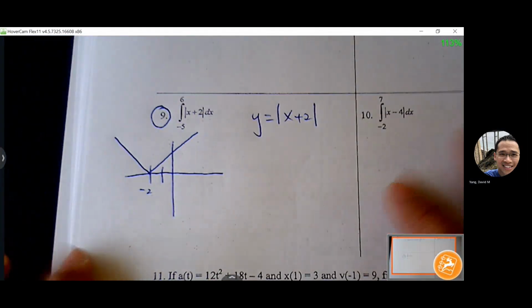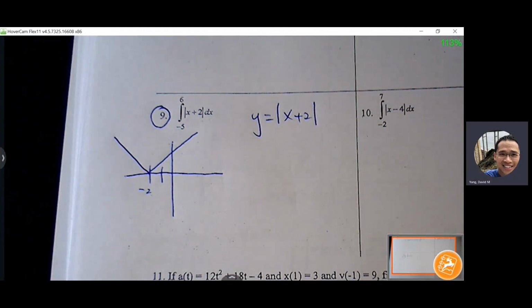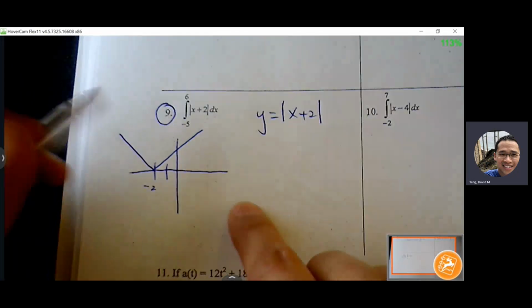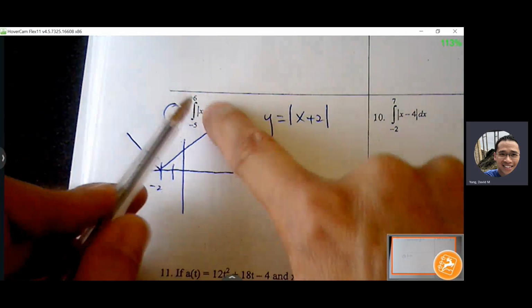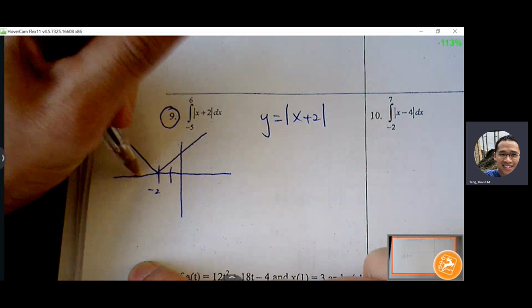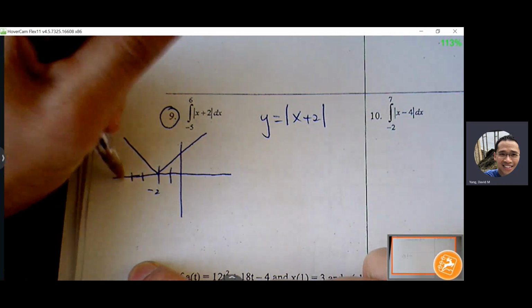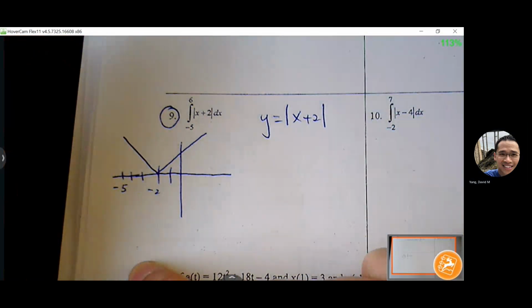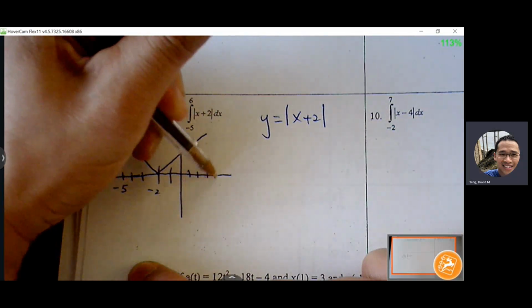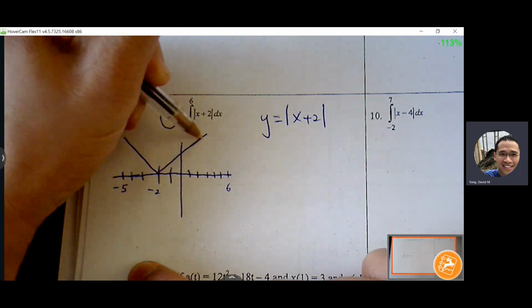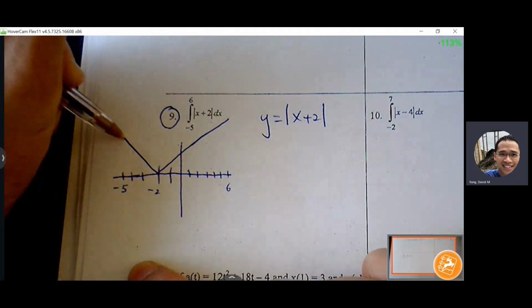Don't have to worry about the slope of the graph, you just make a V out of it. Okay, so we want to go from -5 to 6. So count the graph to -5, 3, 4, 5. Okay, to 6. 1, 2, 3, 4, 5, 6. And extend the graph as you see fit.